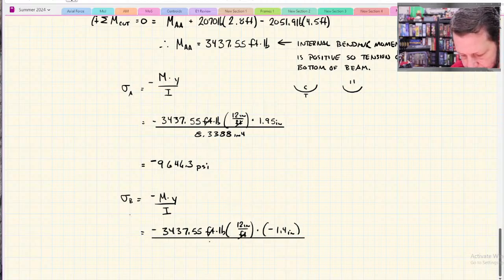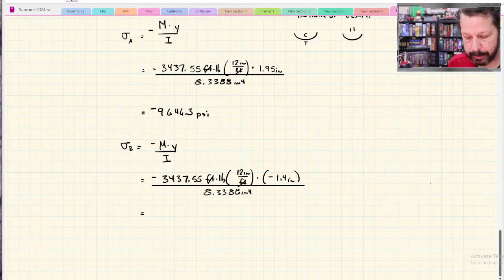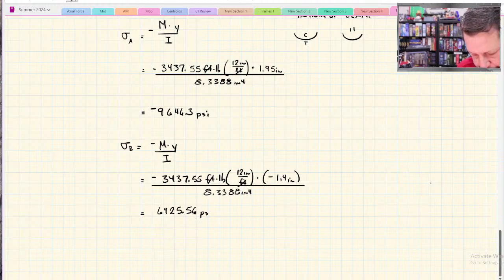And then the same moment of inertia for the cross section because it's the same cross section. So this one will come out positive because tension, the positive stress, is on the bottom of the beam, and we're measuring towards the bottom, not the very bottom, but towards the bottom. And looks like it's positive 6925.56 psi. And that's in the range of a reasonable number.